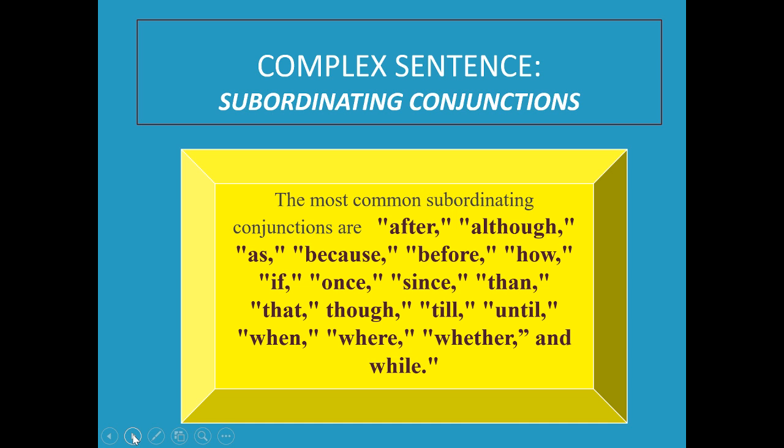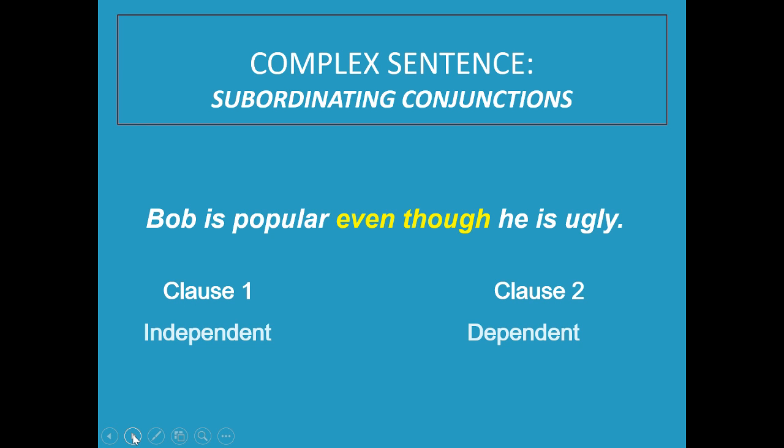These are the most commonly used subordinating conjunctions. Here's another example. The example we saw before, which is explained here. Bob is popular even though he is ugly.